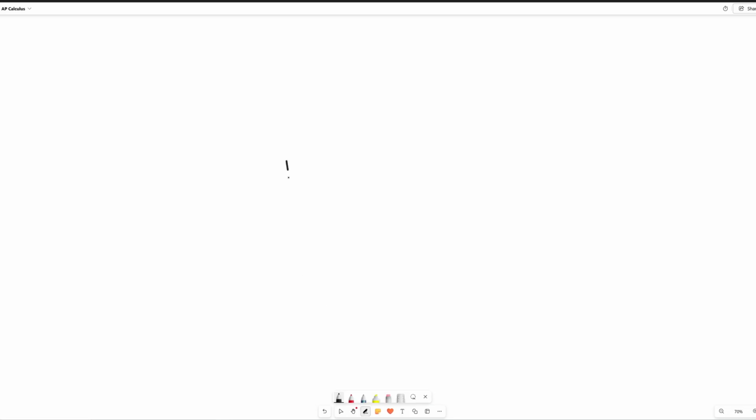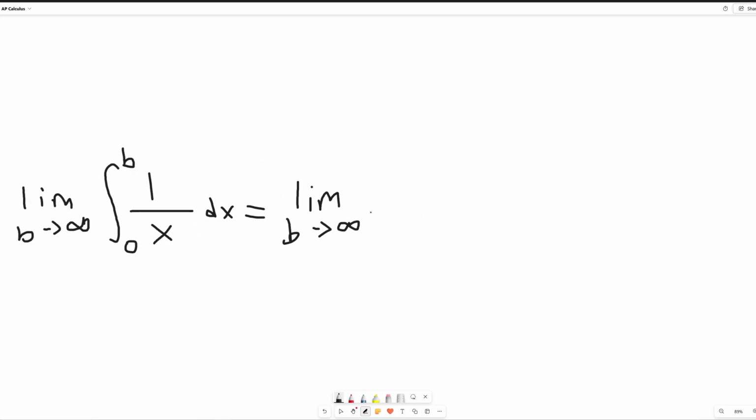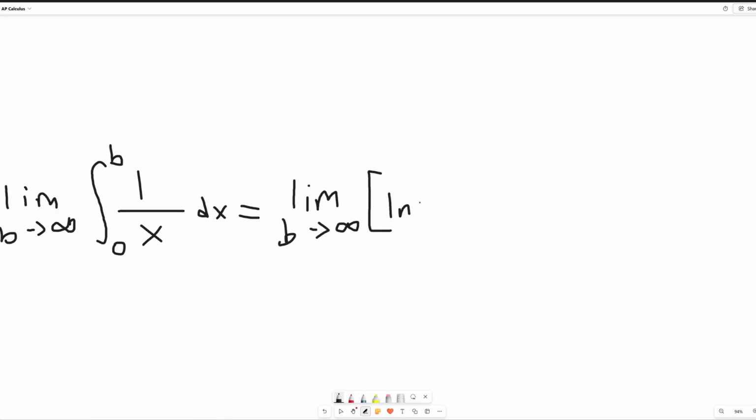So let's look at a few. Let's look at 1 over x from 0 to infinity. Alright. So, to integrate this and figure out if it diverges or not, we have to, first of all, take the integral, which is ln of x. We know this. So, ln of x from b and then 0.